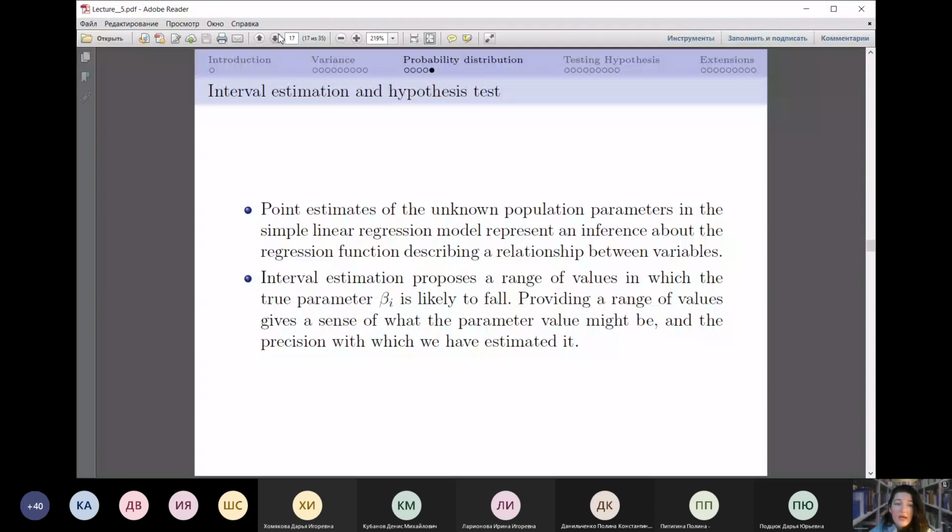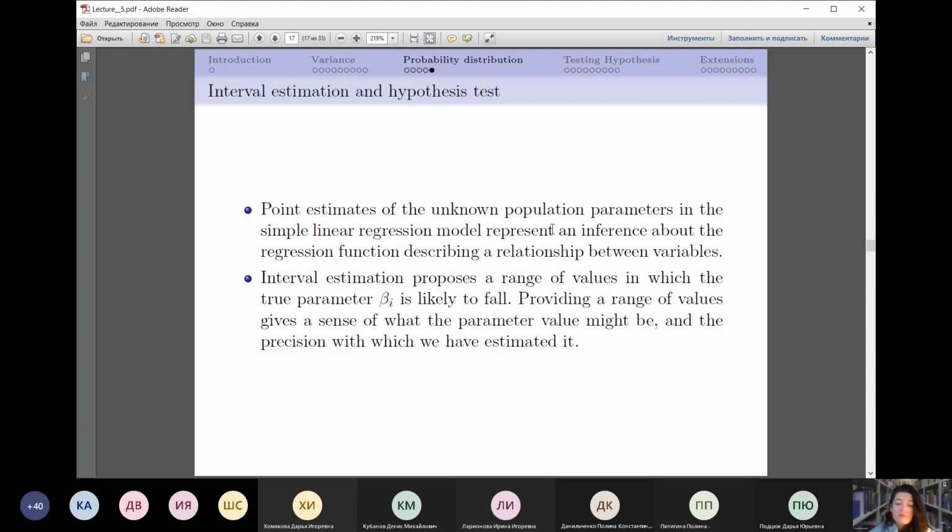So after we obtain point estimates of the coefficients and the variance of these estimates, after we assume the form of the distribution of these variables, now we are ready to find the interval estimation and also test some hypotheses about the statistical significance of our coefficients. Point estimates of the unknown population parameters in the simple linear regression model represent some inference about the regression function describing the relationship between variables.